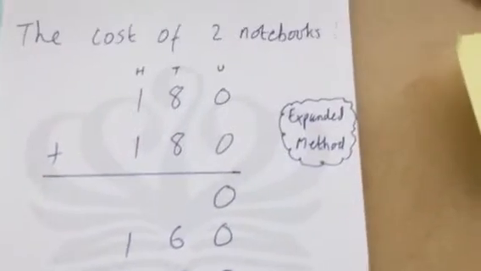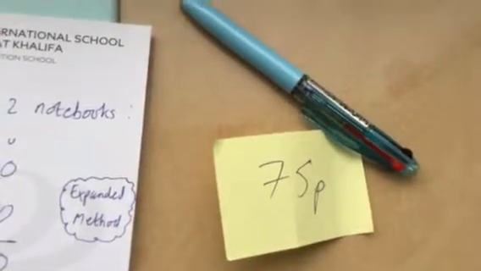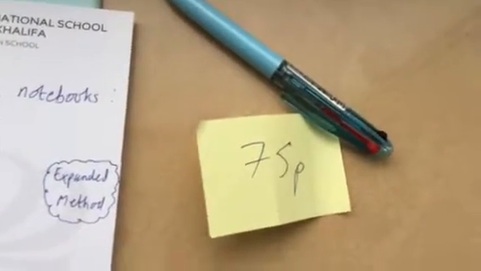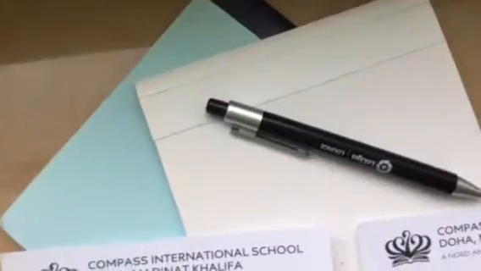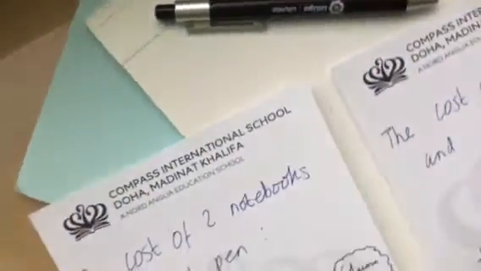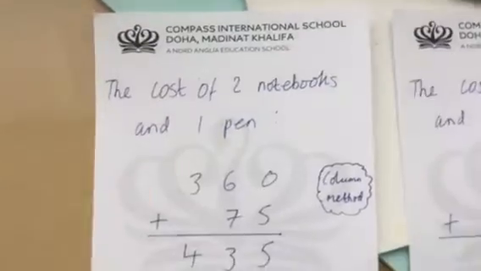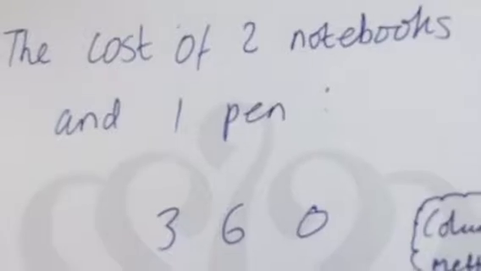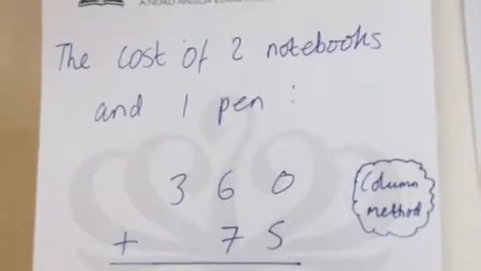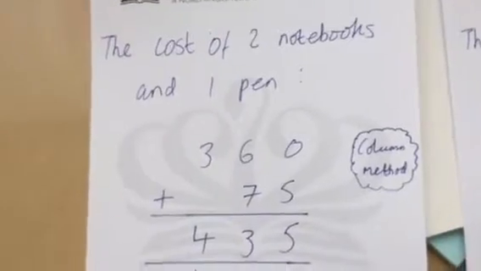But I need to buy the pen as well. And the pen is 75p. So I need to buy 2 notebooks and 1 pen. So what is the cost of 2 notebooks and 1 pen? Well, we know that 2 notebooks cost 360. And we know that a pen costs 75.